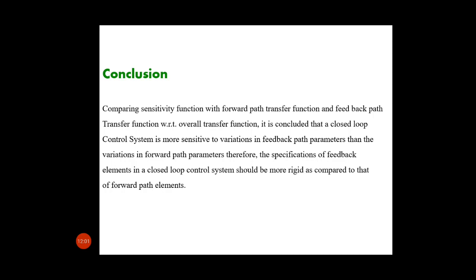If we compare the sensitivity of the overall transfer function with respect to the forward path transfer function G(s) of a closed loop system, and the sensitivity with respect to the feedback path transfer function, it is concluded that a closed loop control system is more sensitive to variation in feedback path parameters than to variation in forward path parameters.